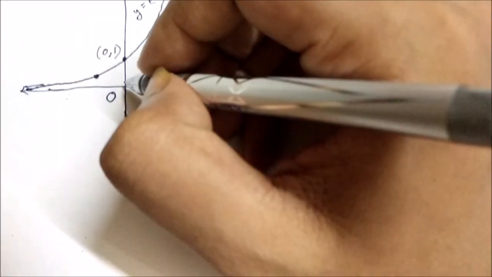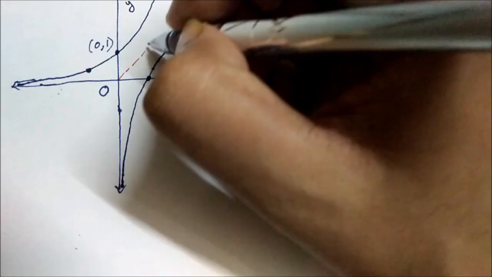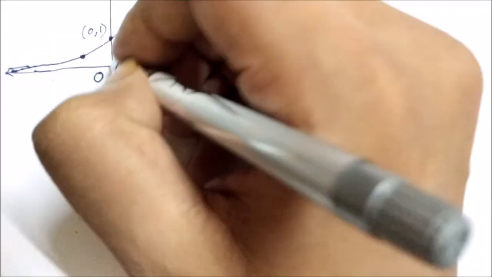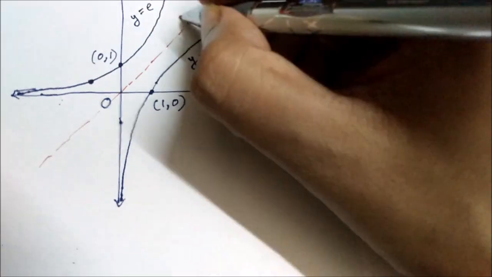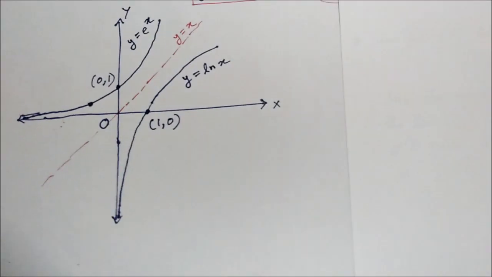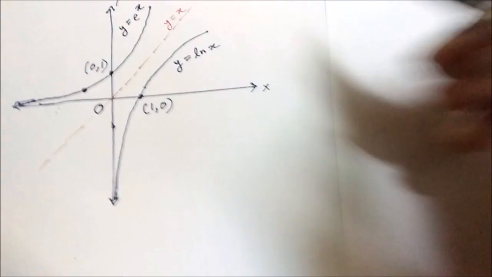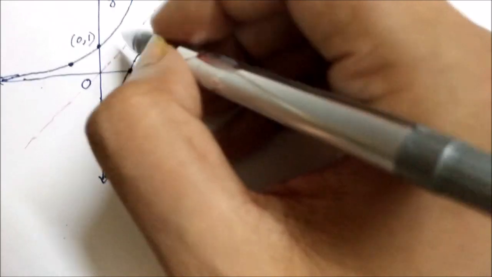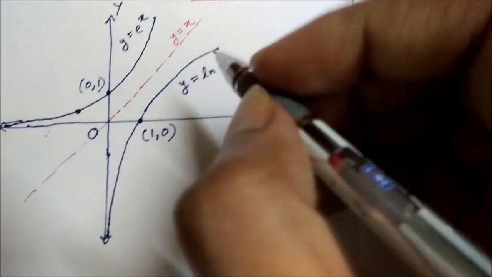What is that? They are symmetric about this straight line. And what is this line? y equals x. The line that makes equal angles with the coordinate axes, having a positive slope of 1, right?